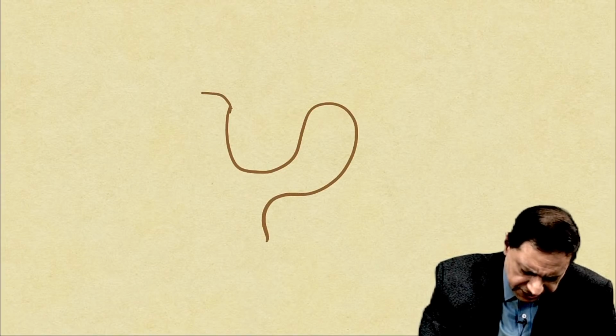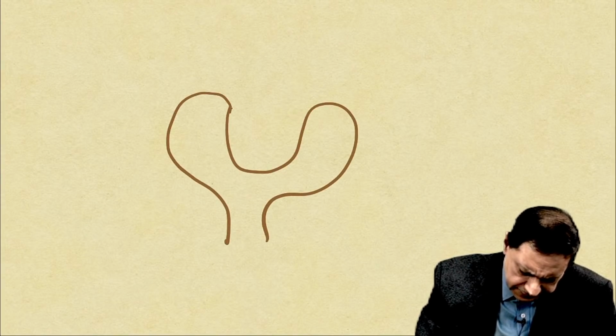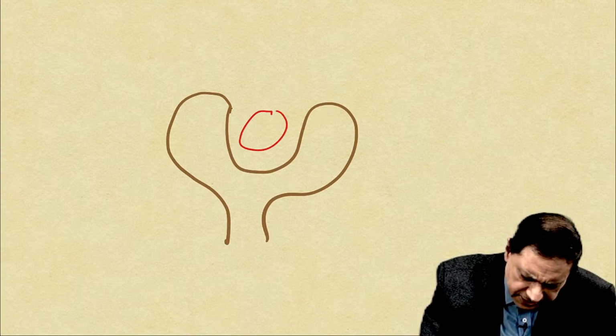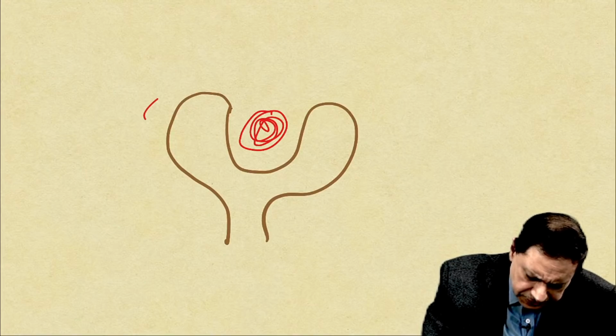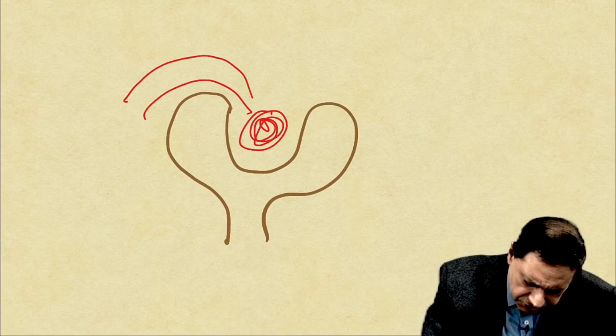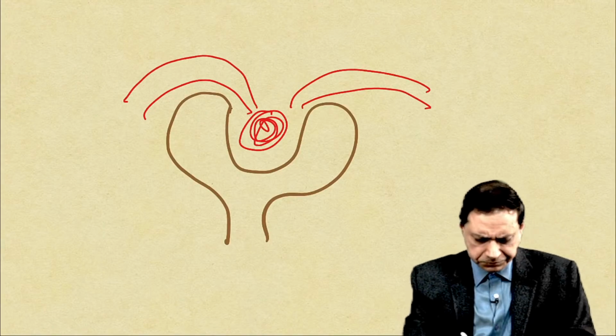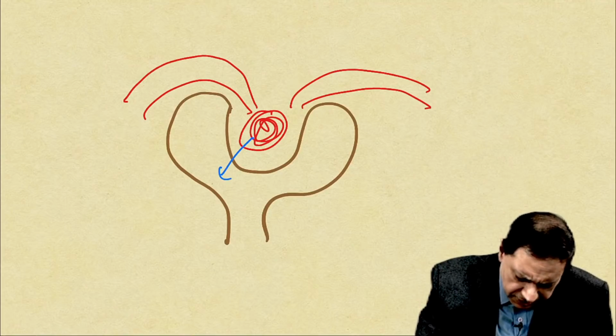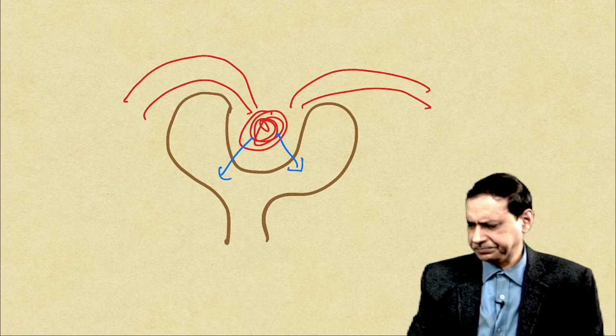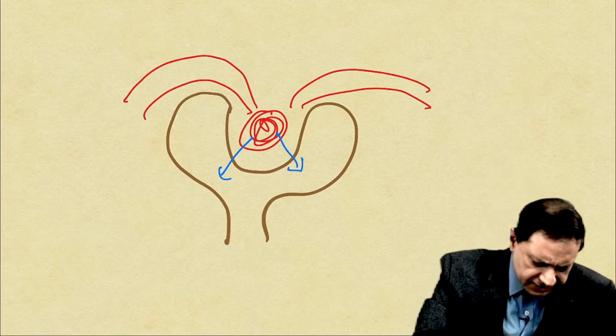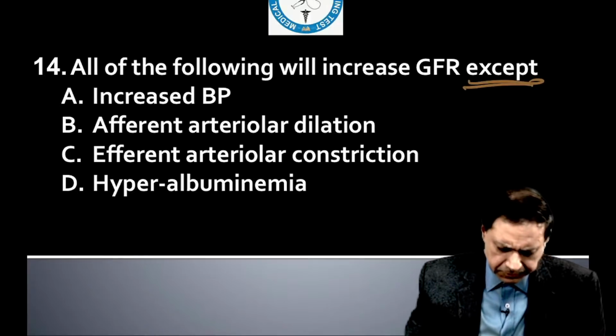This is the Bowman's capsule and this is the glomerular capillary bed. This is the afferent arteriole. This is the efferent arteriole. This is glomerular filtration. All will increase GFR except.